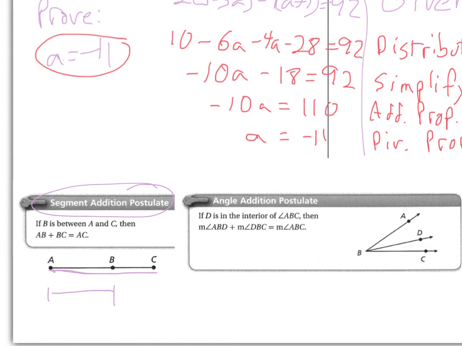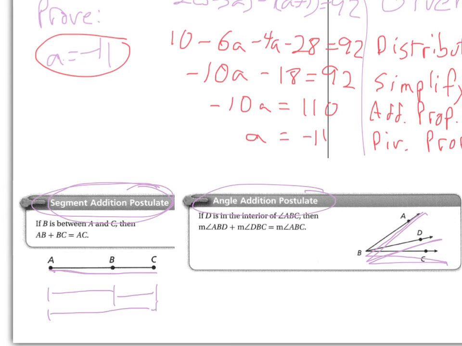This segment plus this segment equals the whole segment. Okay, we already knew that, but the name for that is segment addition postulate. Angle addition postulate is the same thing. If I have angle ABC, well, it's equal to the sum of angle ABD plus angle DBC, the two smaller angles that are within it.